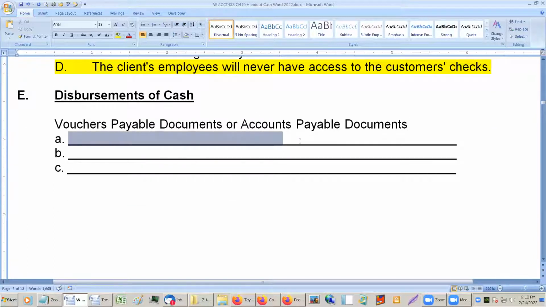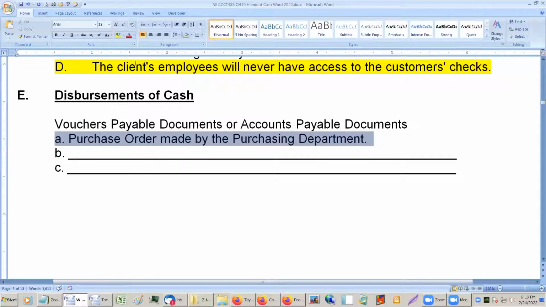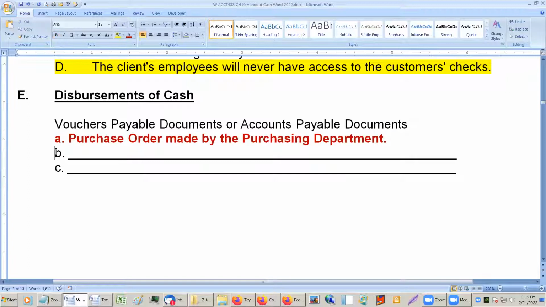The first document that starts things off is a purchase order, made by the purchasing department.